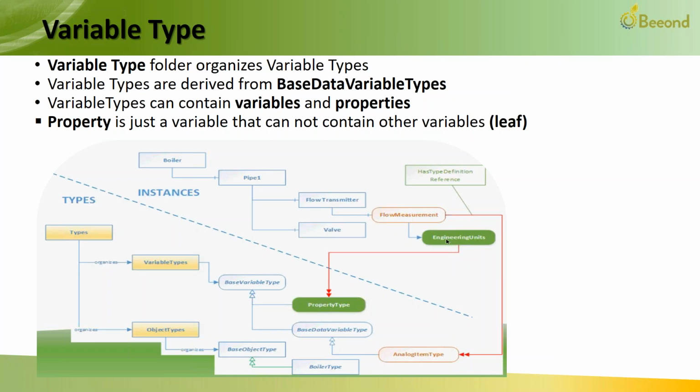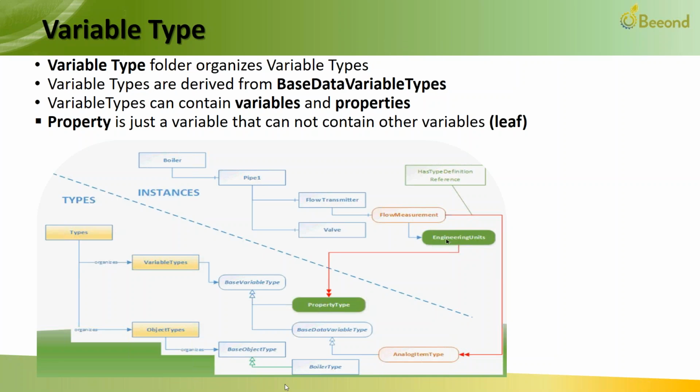Definitely the fact that an element is the leaf of the tree is also characteristic of a property. Properties are not supposed to contain children. Well, cannot. Here you see some of that in the boiler example.